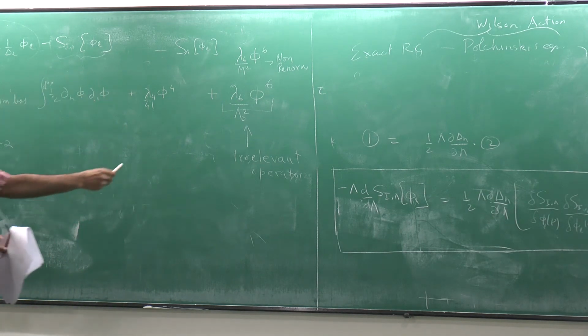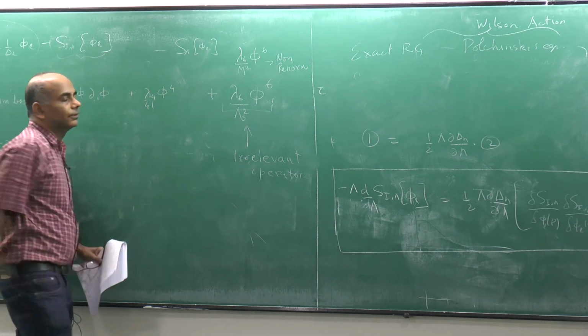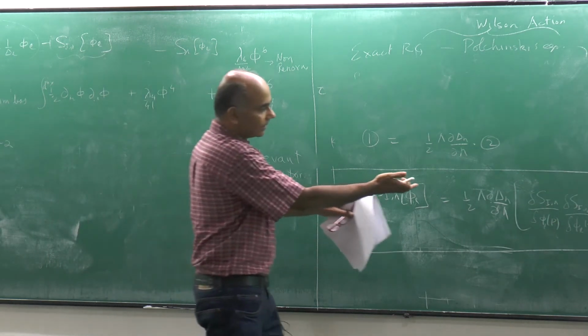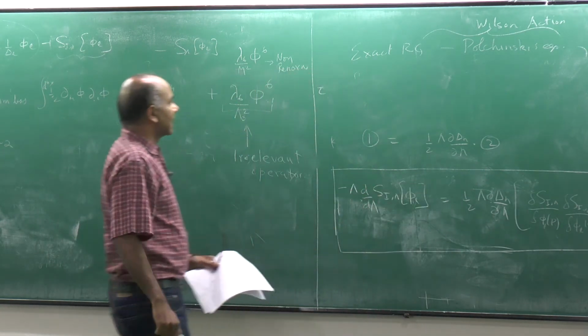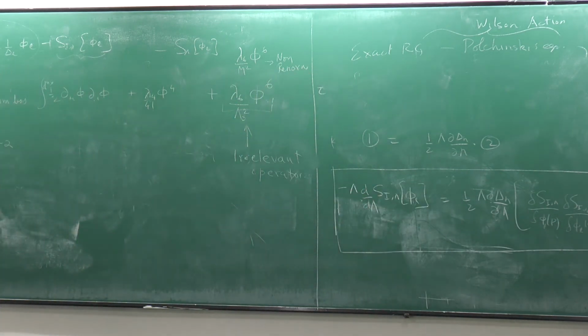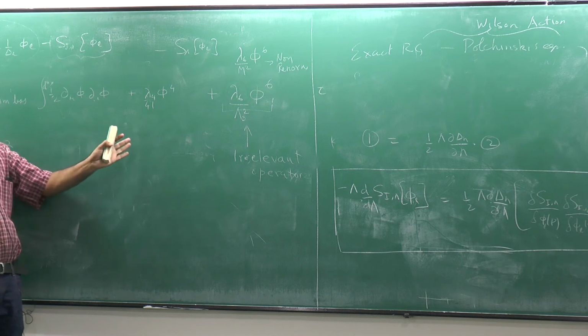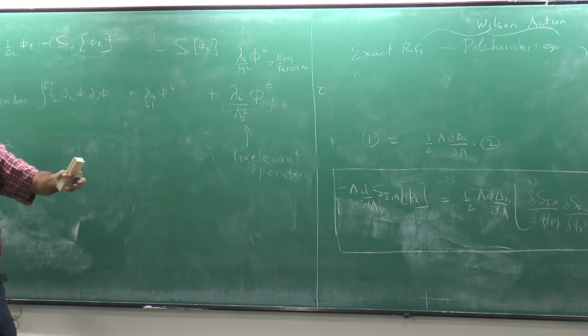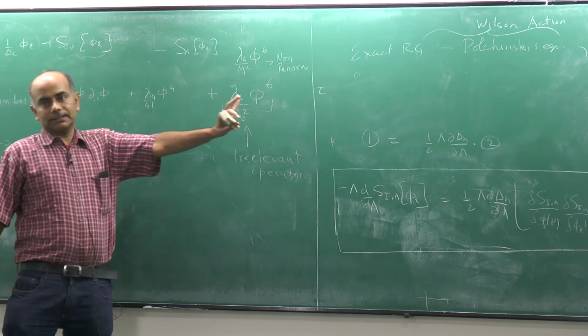And I want to show what is the effect of terms like this which are generated. So terms like this are generated in this operation, and so what does renormalizability in the context of phi 4 mean? It means that when you calculate Feynman diagrams for a scattering process, you do not generate divergent terms as coefficient of phi 6.